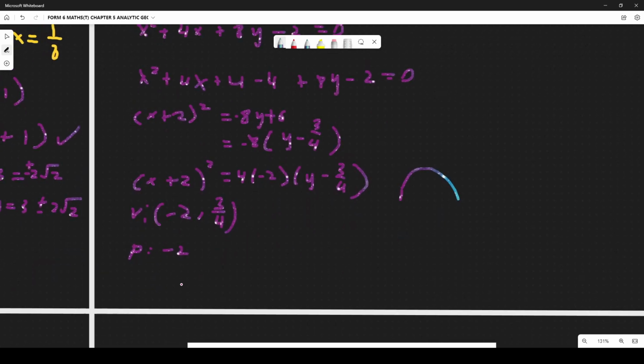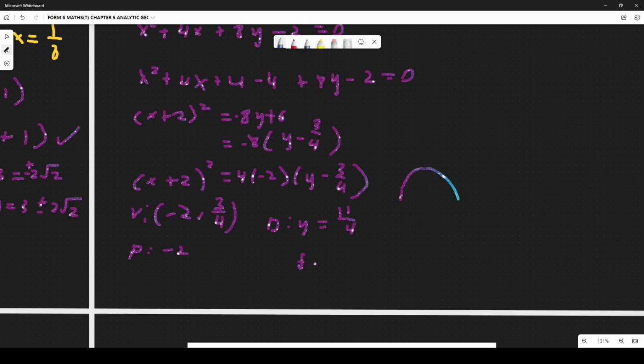So directrix is up here, which means 3 over 4 plus 2. So directrix is y equals 3 over 4 plus 2. How much is that? That is 8 plus 3, 11. So the directrix is y equals 11 over 4.